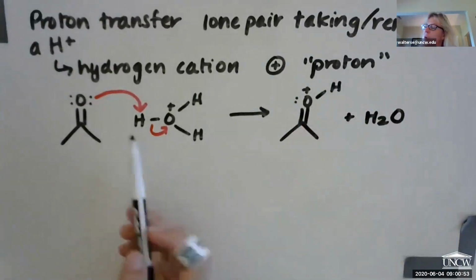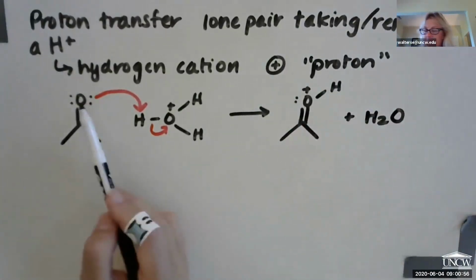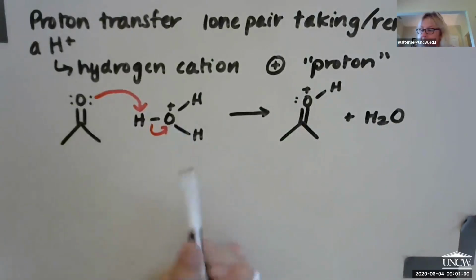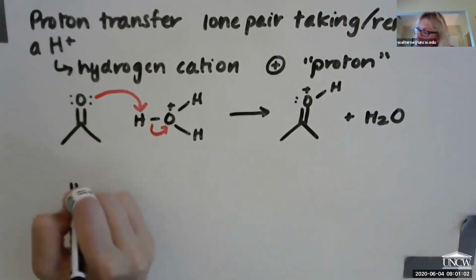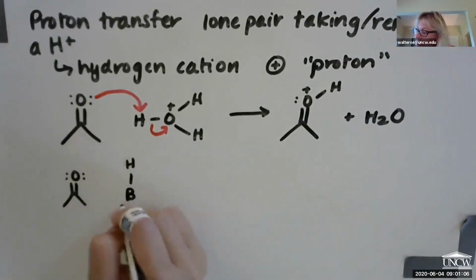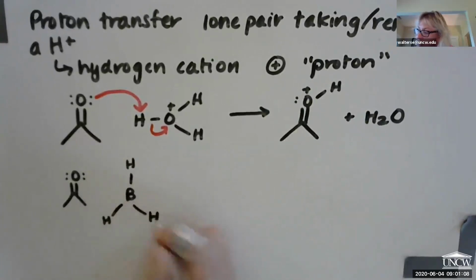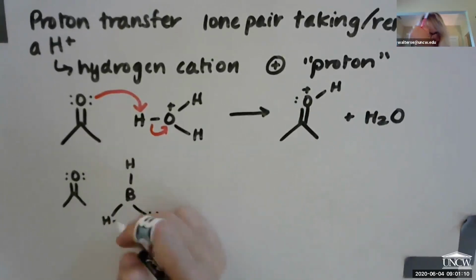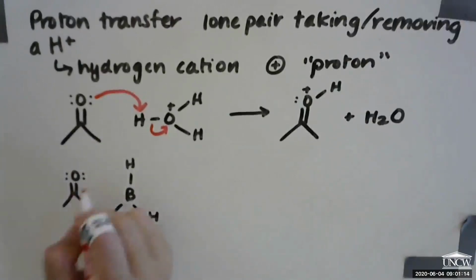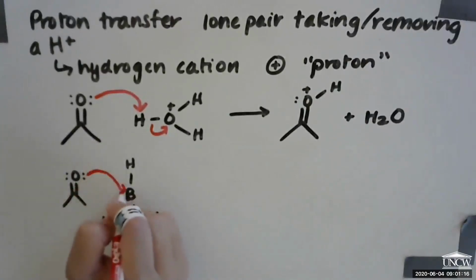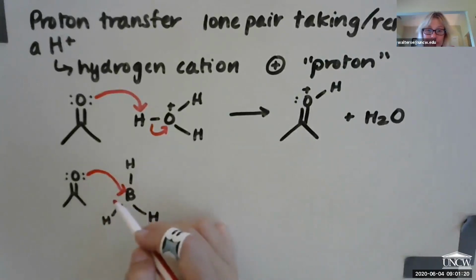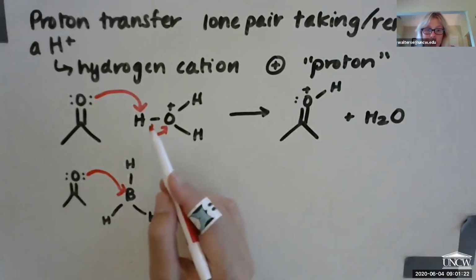If you use acetone to attack something else, because I think we had an example where we used a ketone to attack the boron in a molecule, a boron trihydride, then when the oxygen goes to the boron, that's a nucleophilic attack. This is a proton transfer.